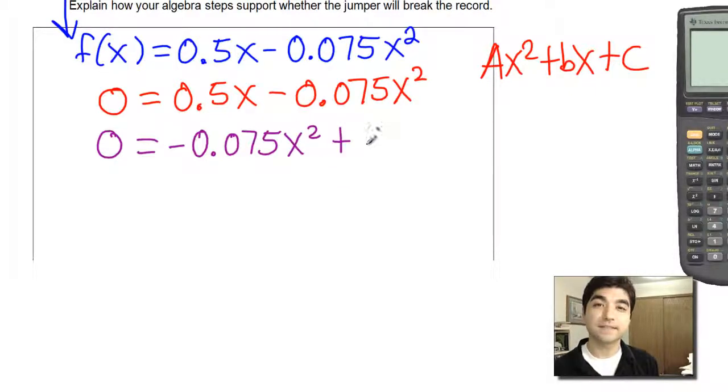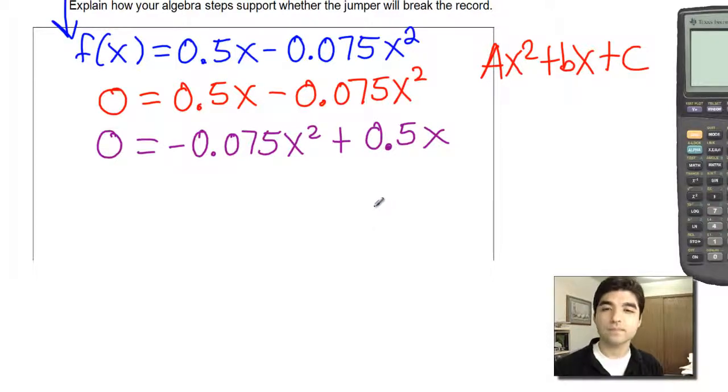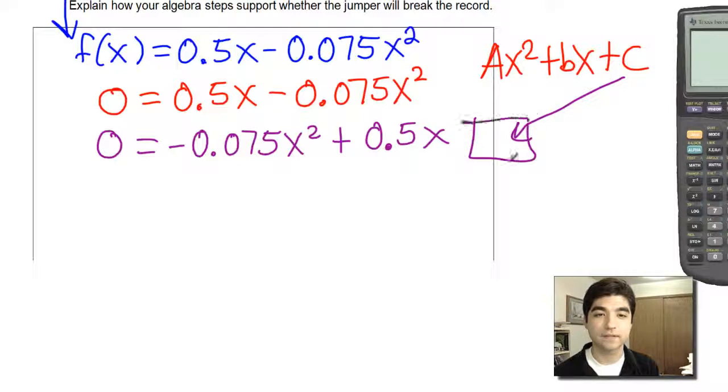And then the positive 0.5x on the right hand side. Okay, so now we have our a, we have our b, and in this equation we actually don't have a c, right? There's no c number here. So c is going to be 0. So let's write that down.